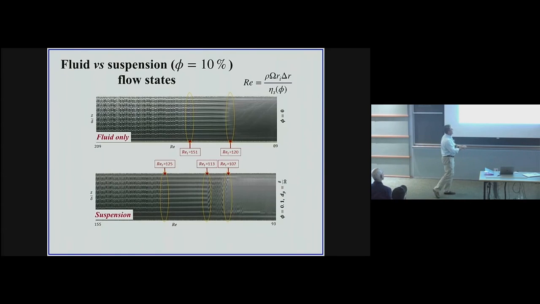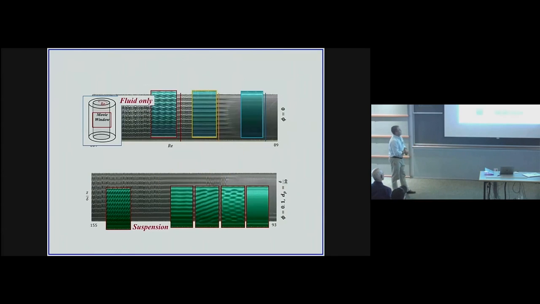And then the transition back to the circular Couette is actually at a significantly lower Reynolds number. And so here's the pure fluid, and I'm going to show some movies now where this is the movie window, doing this just for the suspension, and you see these different states as we go from the wavy to a Taylor vortex to a spiral to a ribbon state and back to a circular Couette.